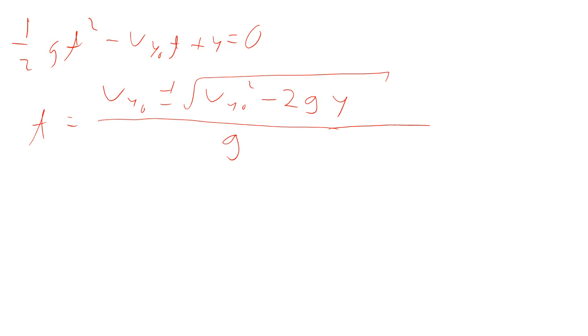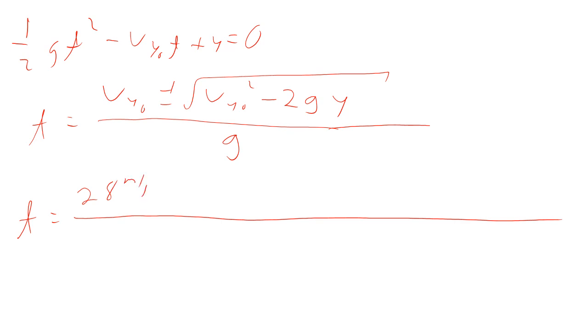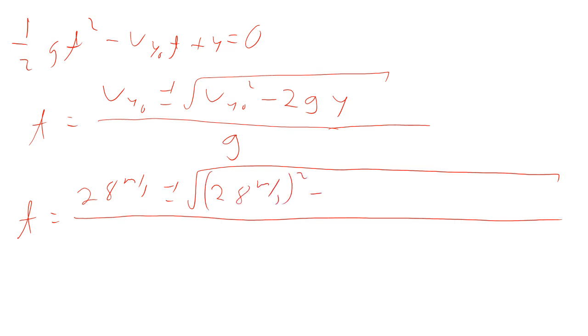So t is vy naught, so that's going to be 28.0 meters per second plus or minus the square root of 28 meters per second squared minus 2 times 9.81 meters per second squared times the 0.914 meters, and then divide by 9.81 meters per second squared.